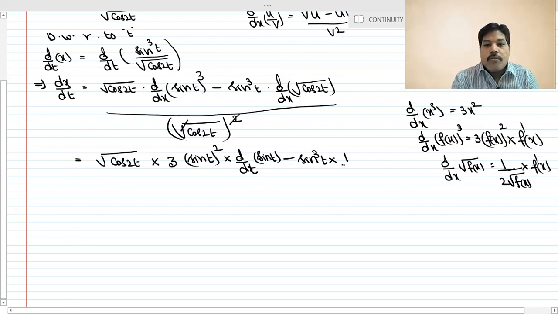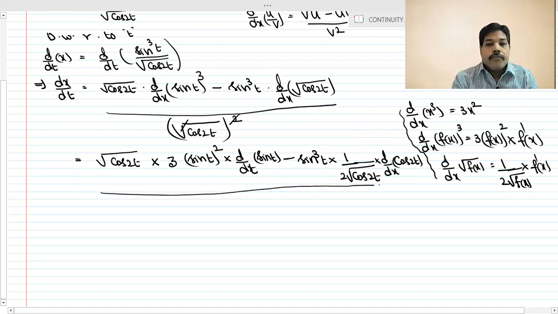So that is nothing but 1 by 2 into root f of x, f of x is nothing but cos 2t, into derivative of cos 2t, whole by cos 2t.